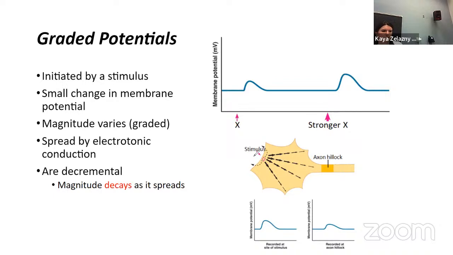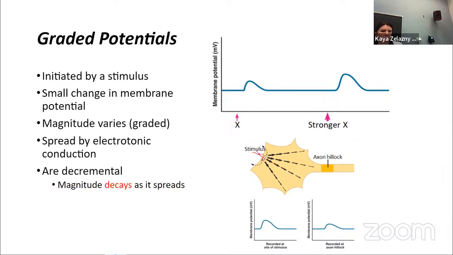So we can see that here, right? Here's our stimulus coming in. And these graded potentials do affect the rest of the cell, but the effect decays, so it gets smaller as it goes out. That's what these shrinking arrows are showing. So let's say at the stimulus site it changed by 10 millivolts, right? At this location, maybe it changes by 8 here, 6 here, 4 here, and so on until it fades away.